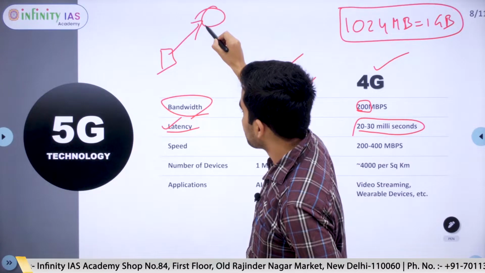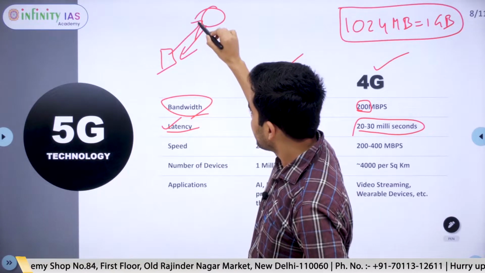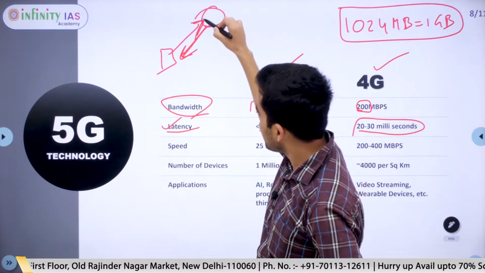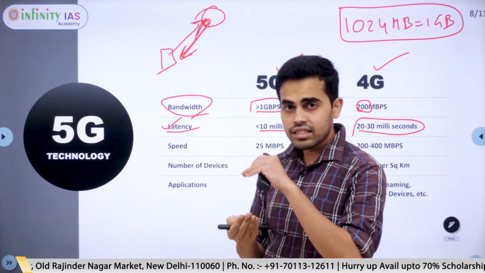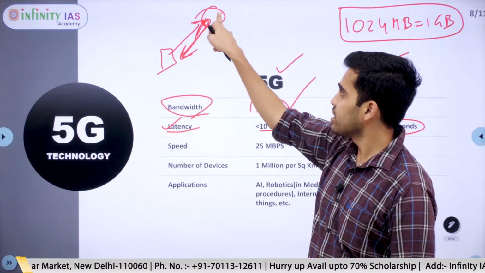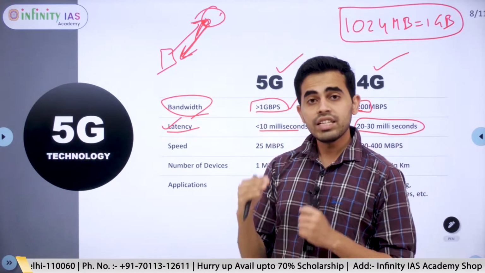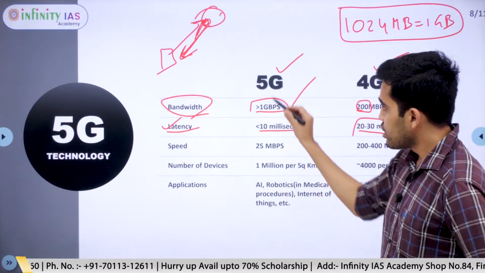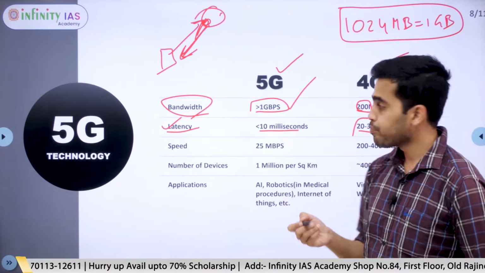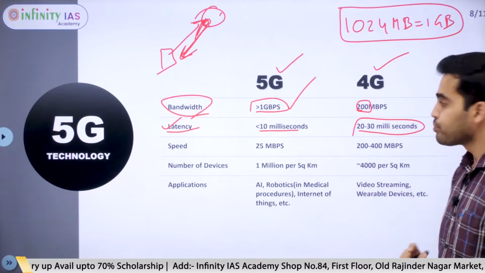That time taken between receiving a query and sending a response is the latency. The less the latency, the more advanced the technology. That is, the internet is sending you the answer very fast. That means it is an advanced technology. So in 5G, the latency is less than 10 milliseconds, whereas in 4G, it is 20 to 30 milliseconds.